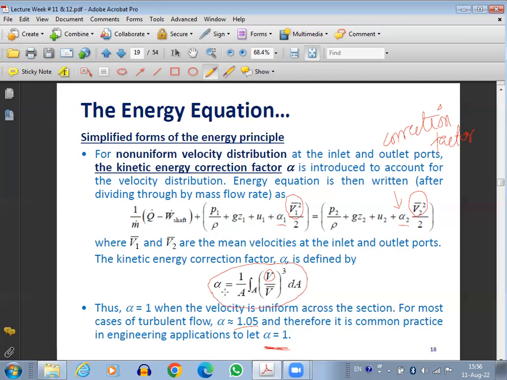If the velocity is varying along the radius, then V should be a function of the radius. So it will always be a function of something. That's why we have dA here. Depending upon how we are taking our differential area, we will have a formula for V. So V is the actual velocity distribution across that cross-sectional area.